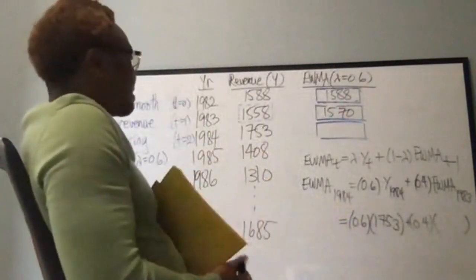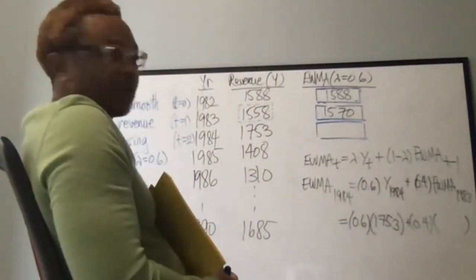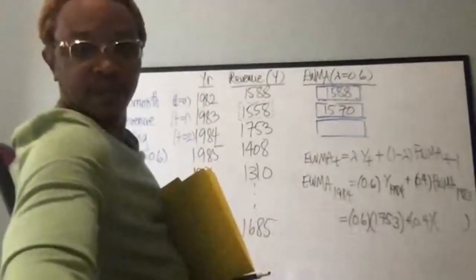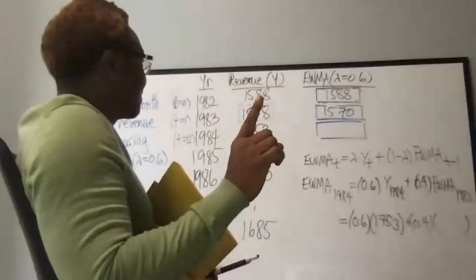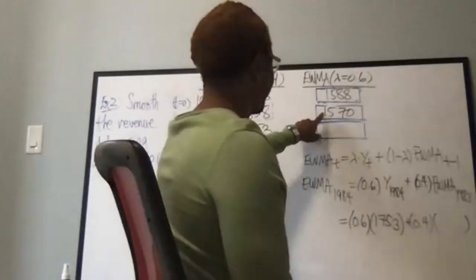Does anybody know what that something is? What is that something going to be? Who is this? Is this Dana? Yeah, 1570. Okay, and where is that coming from? That's the value for 1983, which is t minus 1 since we're on 1984. Okay, very good. So that's going to be my EWMA of that 1983.